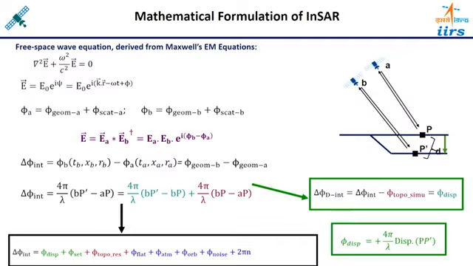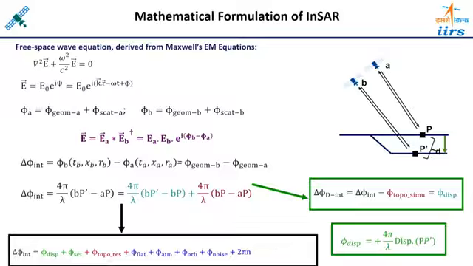These non-deforming phase components you have to remove, so that you can calculate the precise displacement phase, and hence the precise displacement. So the precise calculation of phi displacement is not very easy. You have to remove these contributions, and you cannot remove them in a single step.